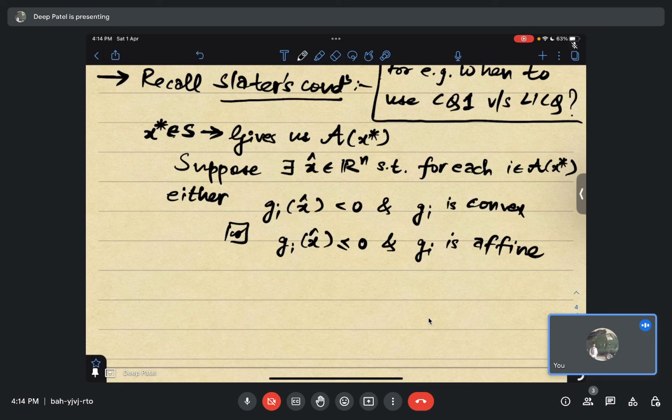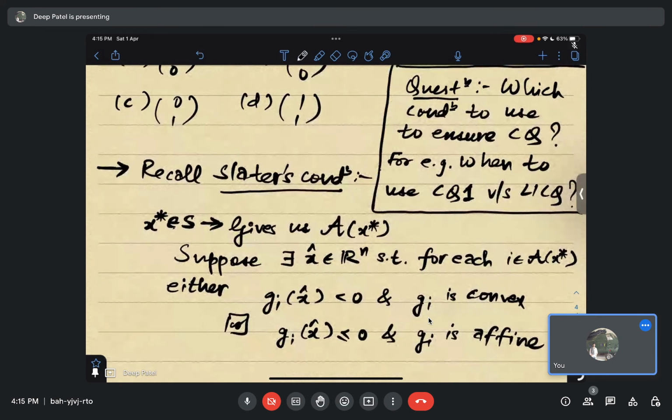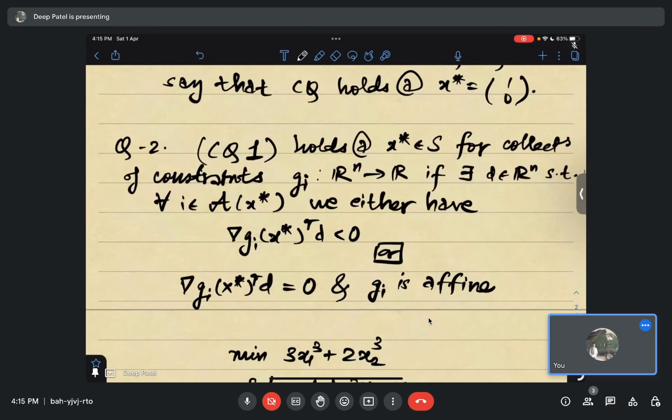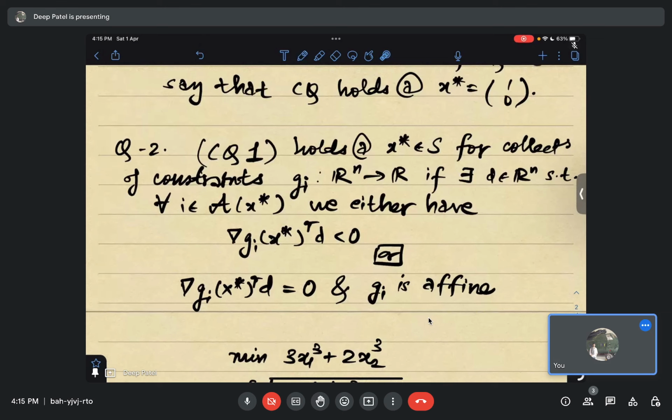That eventually means one is weaker than the other, right? Maybe there are counterexamples, but I am not sure. I just know that CQ1 can imply CQ2 for the simple reason that I can take x hat minus x star as the d in my condition here.